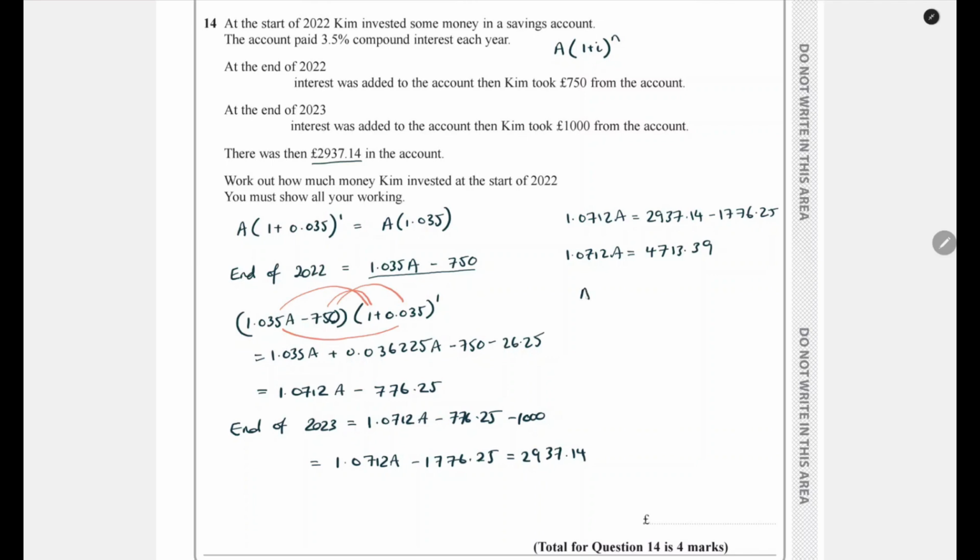And so to make A the subject, we take the 1.0712 to the other side. It becomes divide. And so A, the initial amount, is equal to 4,400. And so her initial amount was £4,400.